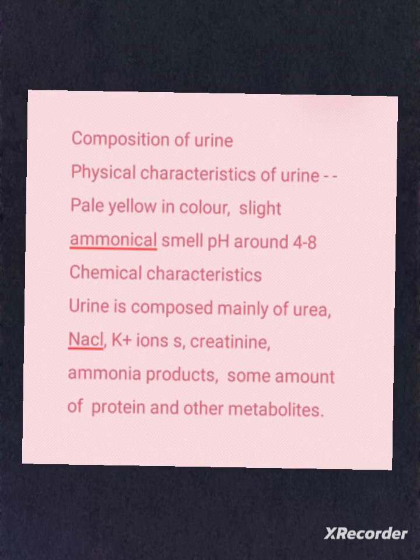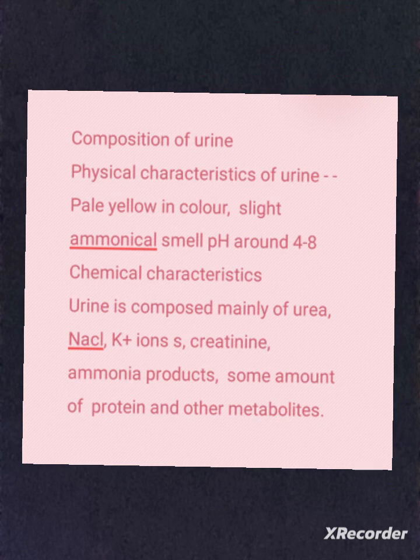Now, coming to composition of urine. Urine is a waste product that is eliminated by the kidneys. Urine mainly contains waste products like urea, salts, excess ions, water, and metabolized products of drugs. Physical character of urine. It is often light or pale yellow in color.